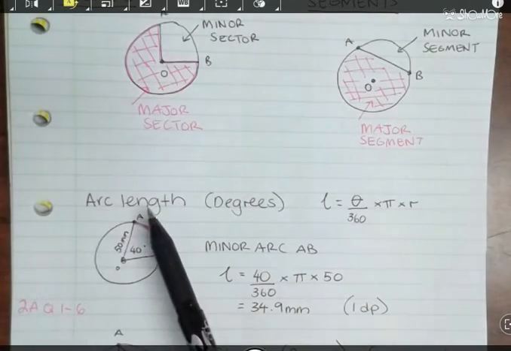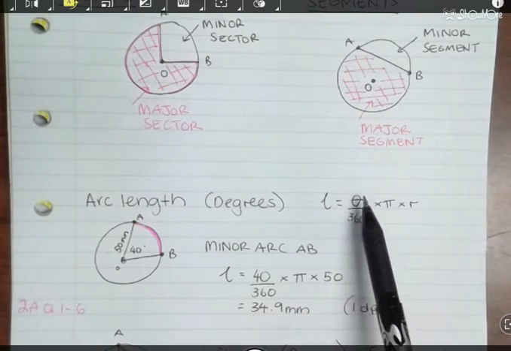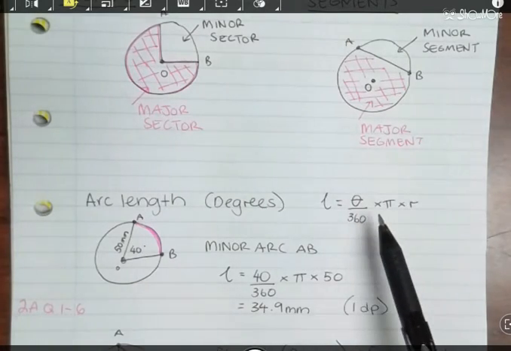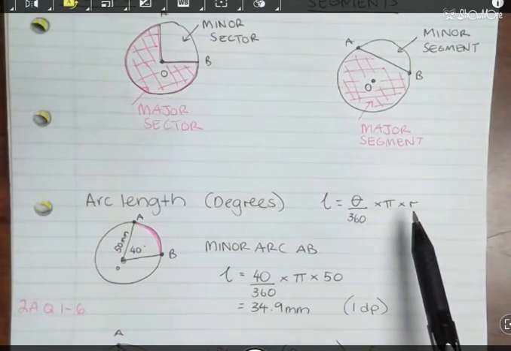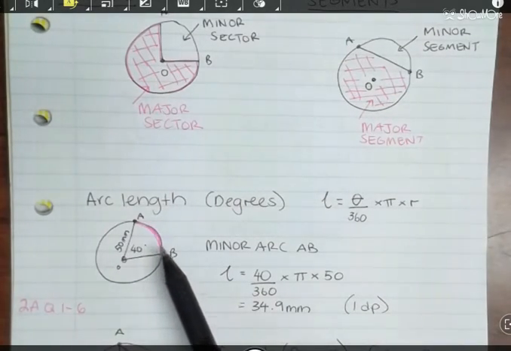An arc length, we use a cursive L to represent arc length, L for length, is equal to the angle in degrees divided by 360, because we've only got part of it, times pi, times the radius. That is how you'd work out what an arc length is.